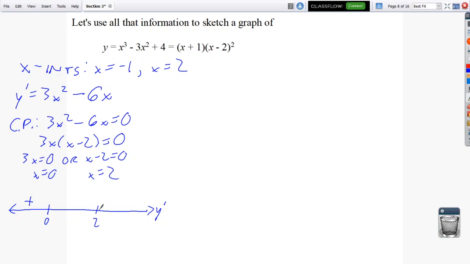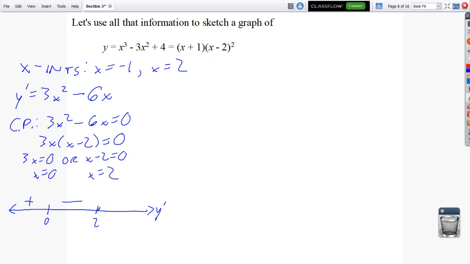Between 0 and 2, my mind goes to 1, so the 3x factor is positive. And x minus 2 is less than 0, so it's negative. Positive times negative gives me negative. Doesn't work for you? Let's see, 1 is right in there. 3 times 1, yeah, positive, and 1 minus 2 is negative.